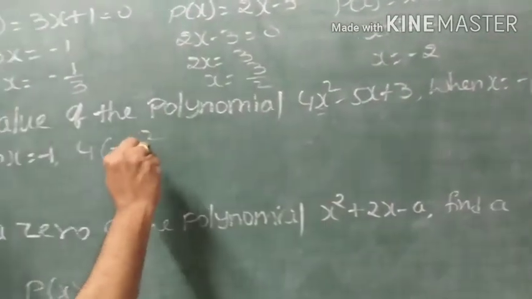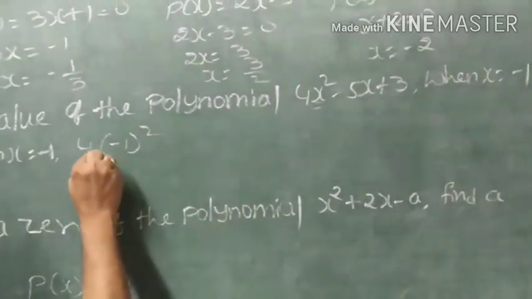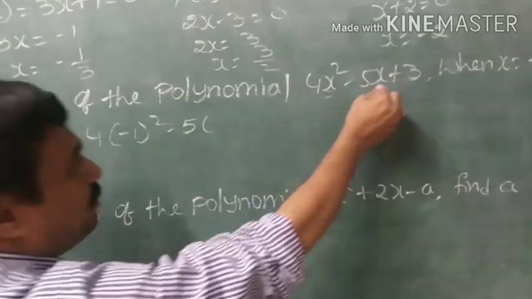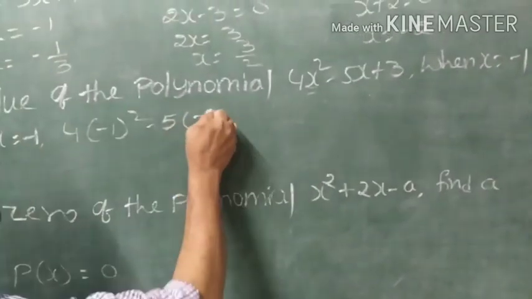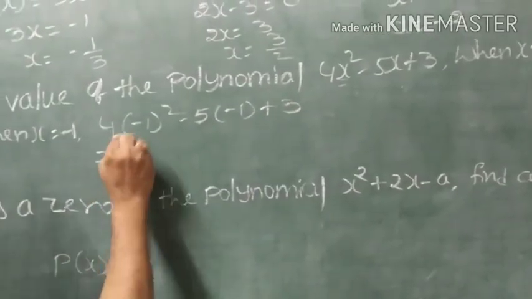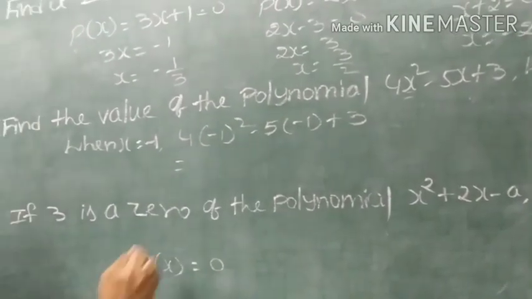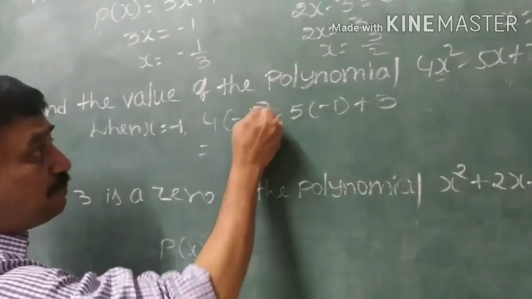So 4 into (minus 1) square minus 5 into, in place of x, what do we substitute? Minus 1. So minus 1, plus 3. Now here we should not multiply directly 4 into minus 1. Why? Because here the power is 2. That means first of all we have to simplify this power.